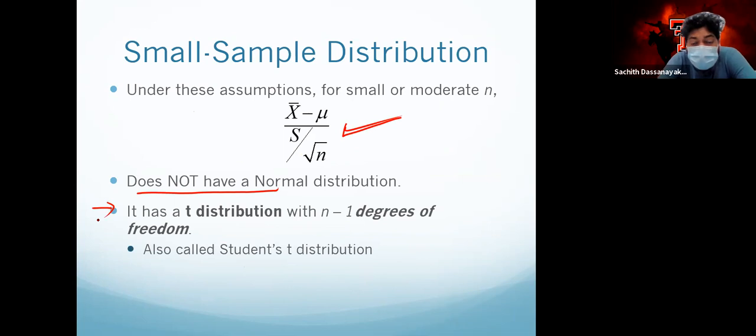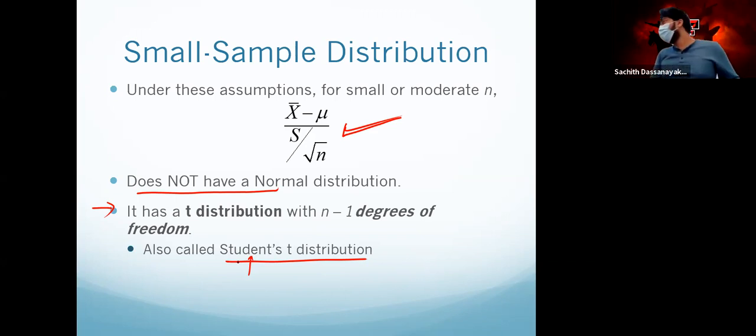We use a distribution called the T distribution, or sometimes we call it Student's T distribution. Both words we use for that. This name has a meaning.